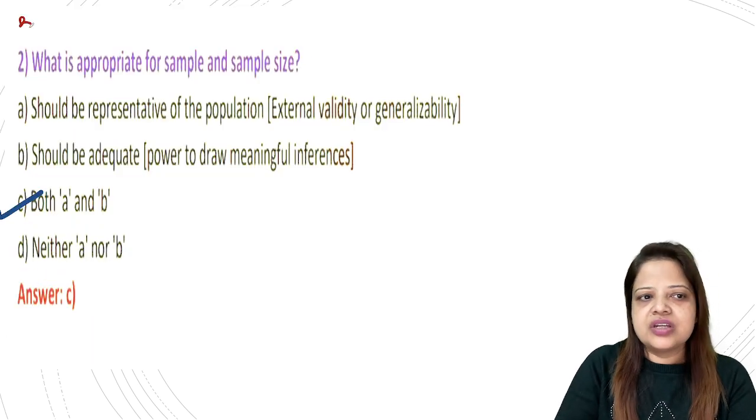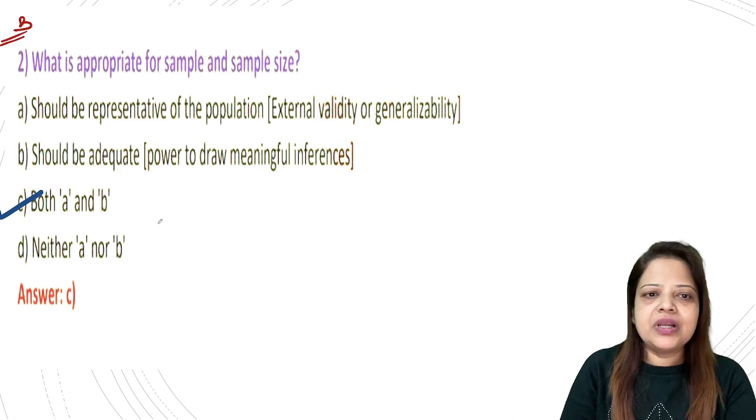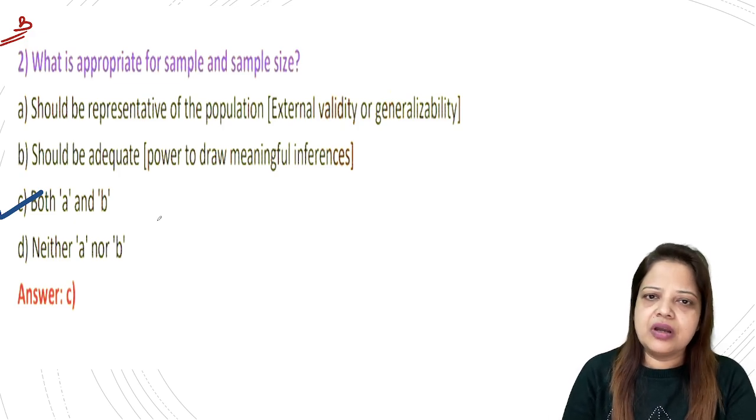The third question is, what is appropriate for sample and sample size? I have given one class on sample and sample frame earlier. So what is a sample? The entire human blood is the population, and the small vial of blood that the doctor takes from the human body is the sample.